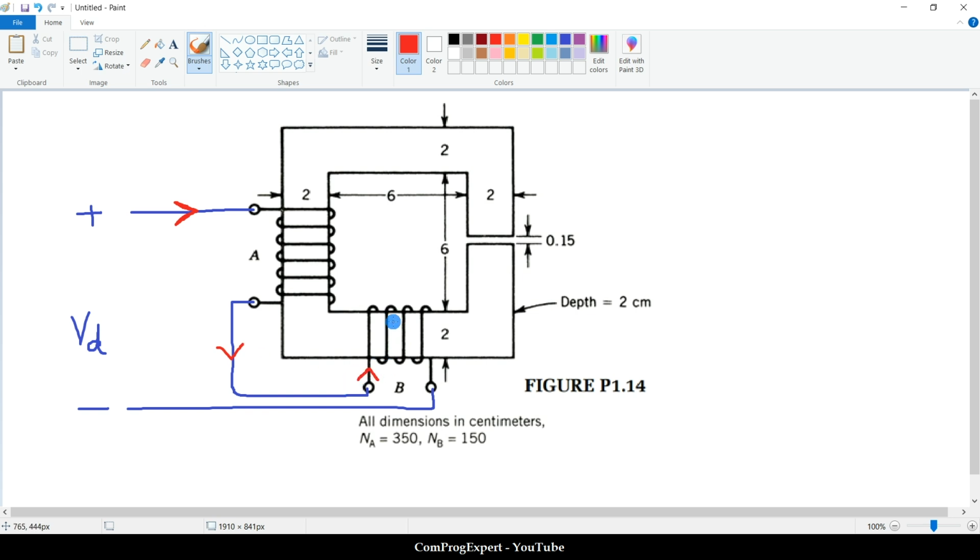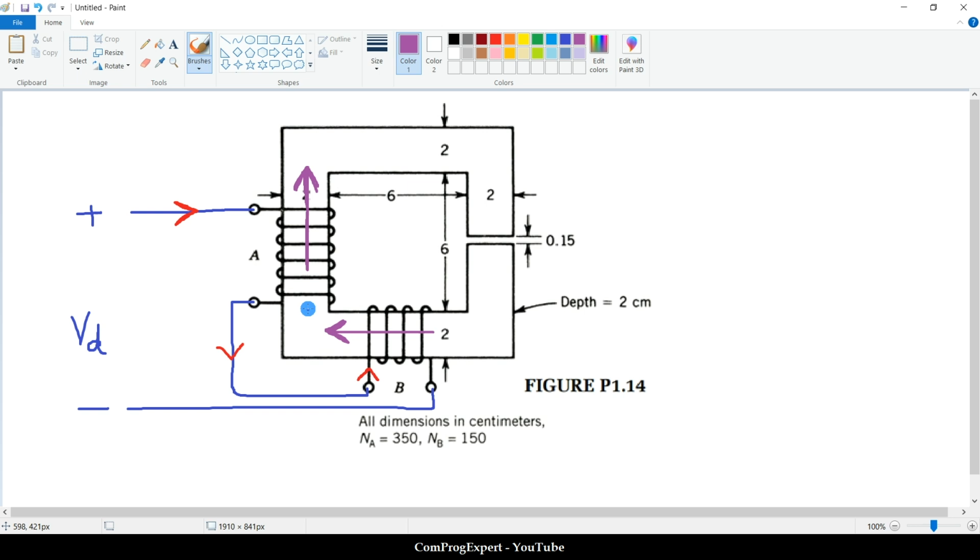So let's check the magnetic field generated by coil A and coil B. Coil A generates a flux in this direction, and coil B generates a flux in this direction.